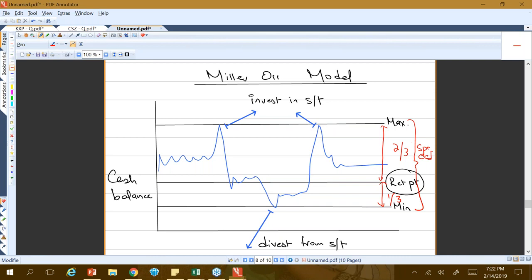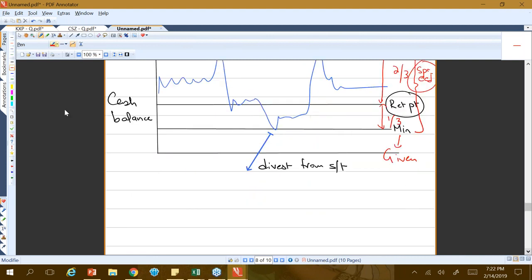Now we can find this spread using our formula sheet. On the formula sheet, you've got a really nice formula for the spread calculation, which shouldn't be a problem because all the inputs are given in the question. It's just that we should be able to use it. This minimum level will always be given to you. And if the minimum level is given, then the maximum level is simply the minimum level plus the spread.